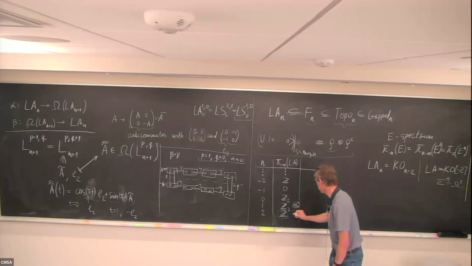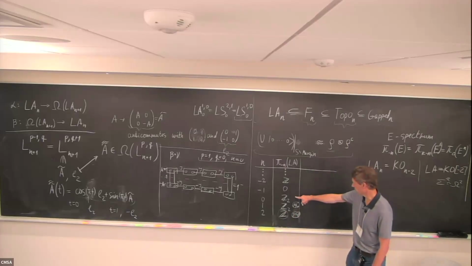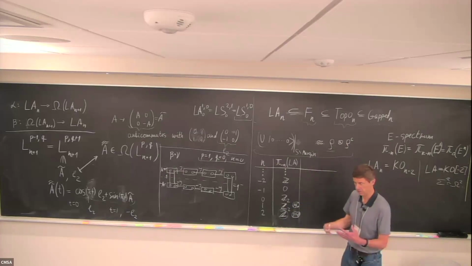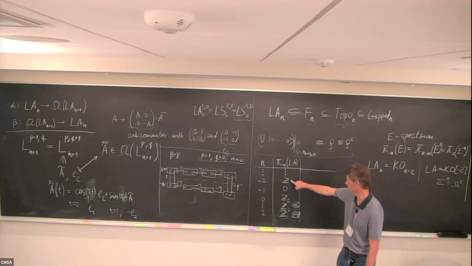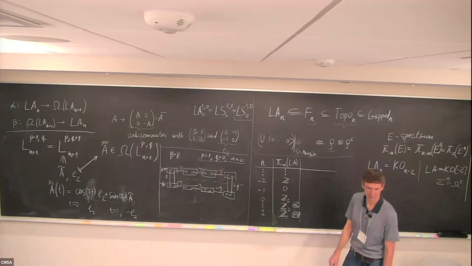The generator here is called the p plus ip superconductor. And the generator here is a fermion, something with odd fermionic parity. And the generator here is the Berry curvature.